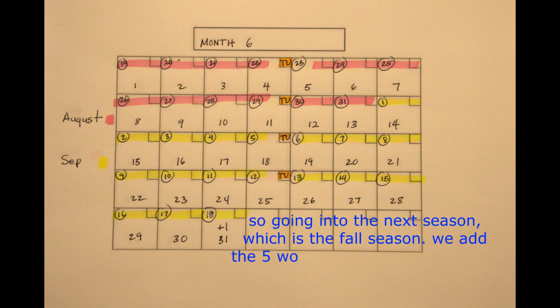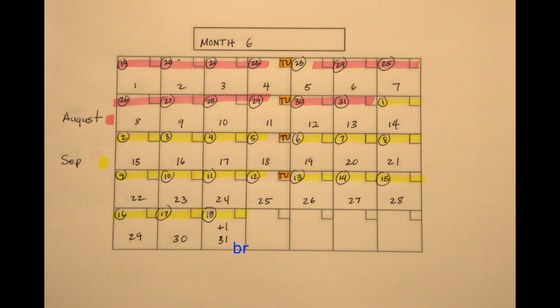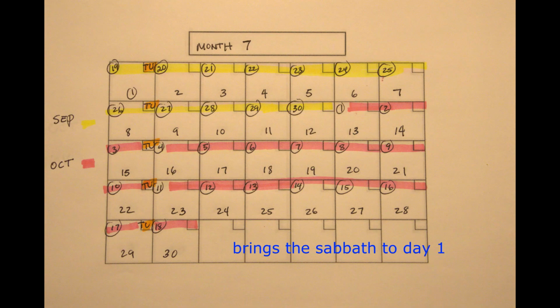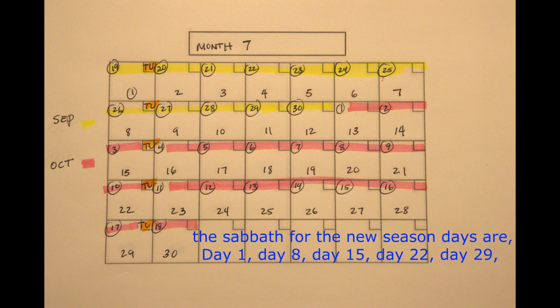So going into the next season, which is the fall season, we add 5 working days plus count 1 day, making 31 days. This brings the Sabbath to Day 1. This causes the Sabbath date to remain on Gregorian Tuesday. The Sabbaths for the new season are Day 1, Day 8, Day 15, Day 22, Day 29.